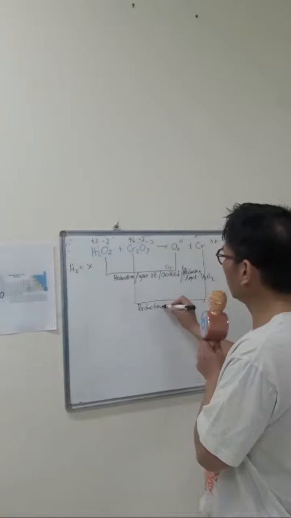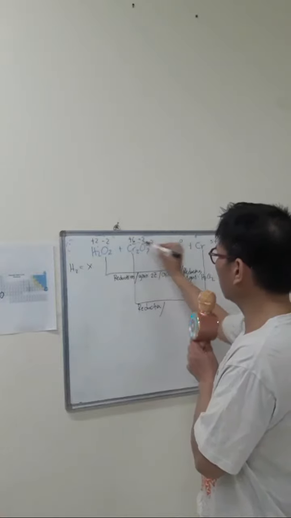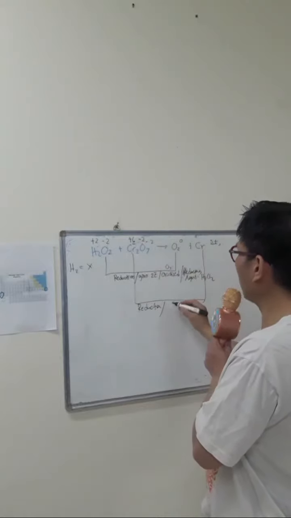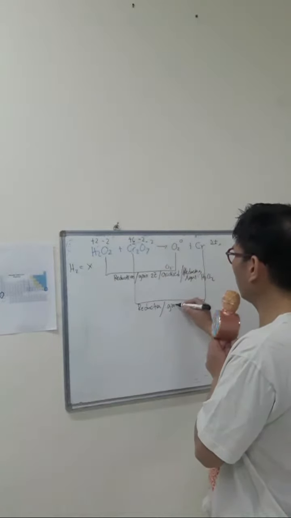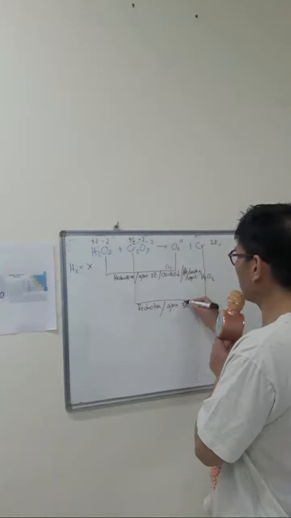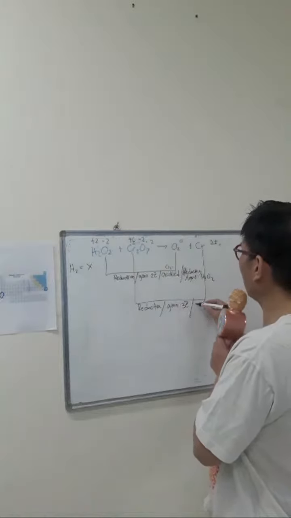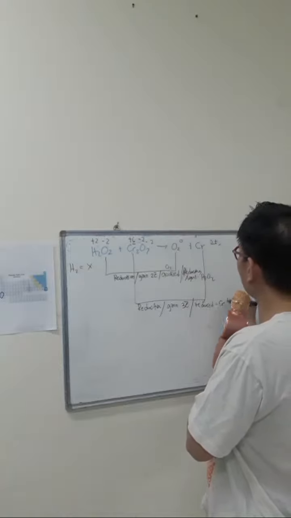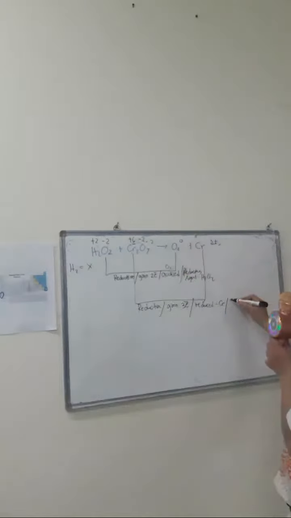Gain of 3 electrons, meaning chromium is reduced. The oxidizing agent is our dichromate.